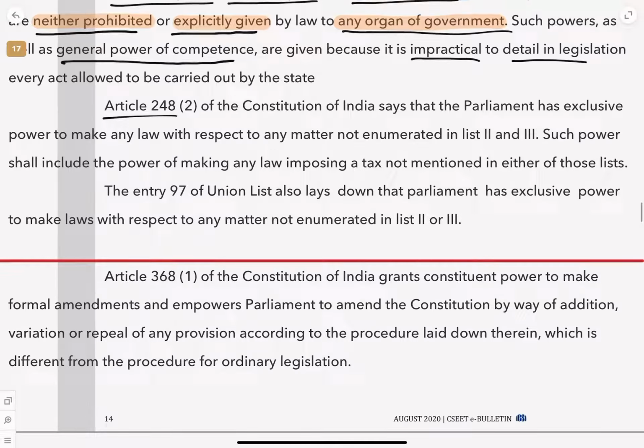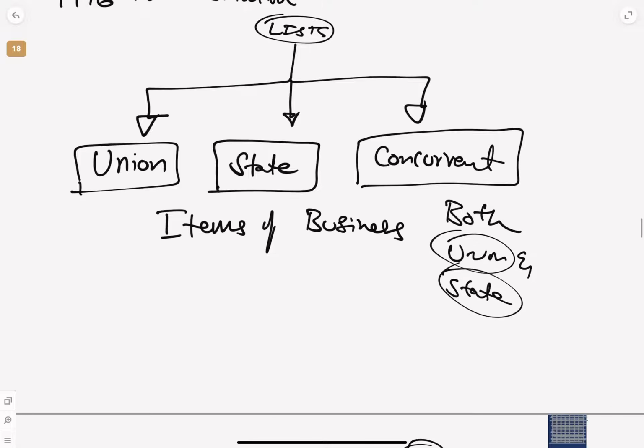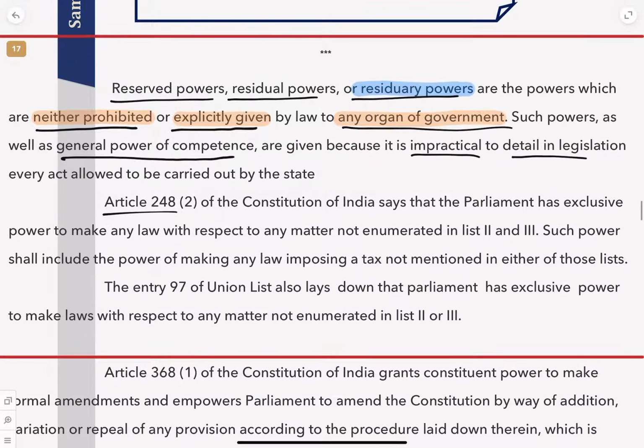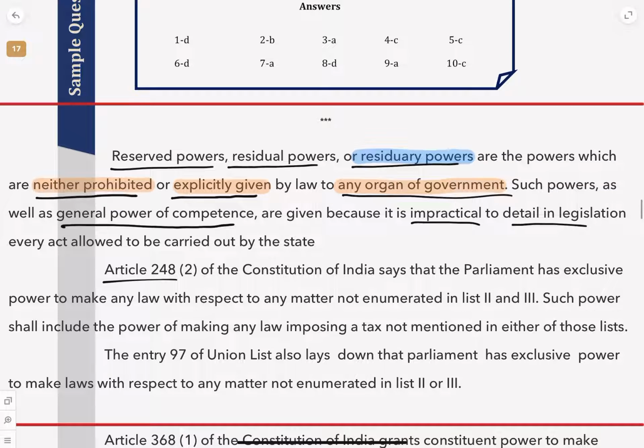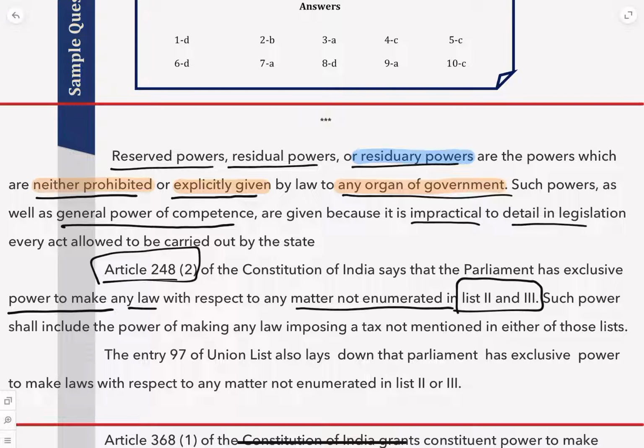So when we can't say exactly whether it is union, state or concurrent, there are some residuary powers. In India we have Article 248, which says that Parliament has the exclusive power to make any law with respect to matters which are not there in list 2 and list 3. What is list 2? State list. List 3? Concurrent list.